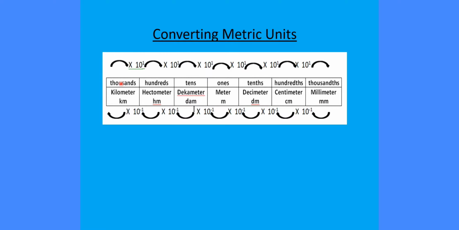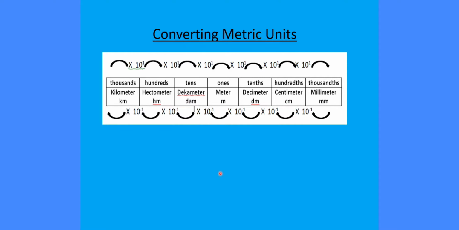Meaning, if we are going to switch a single place to the right, we will multiply the given value by 10. And below, the base 10 has an exponent of negative 1. Meaning, if we switch a single place to the left, we multiply the given value by 1 over 10, or just directly divide the given value by 10.